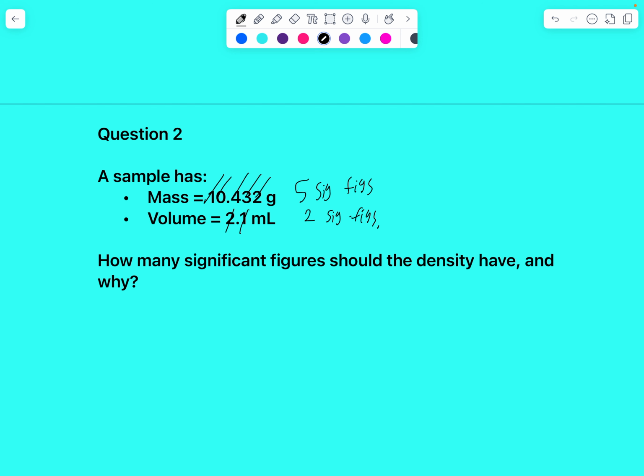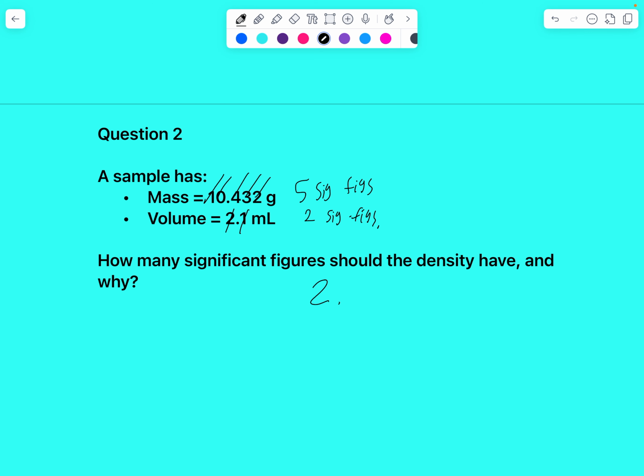Usually, that's one reason. But another reason is that when I find my density, I want it to have the lowest number of sig figs possible. I don't want the maximum, and 2 is less than 5. All right. So, how many significant figures should the density have? 2.